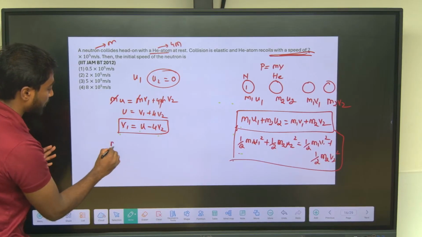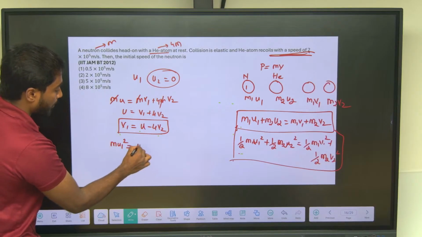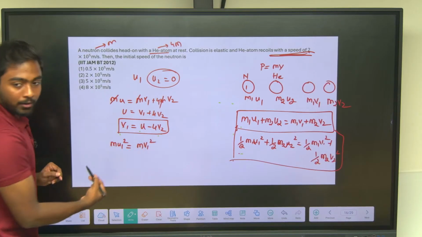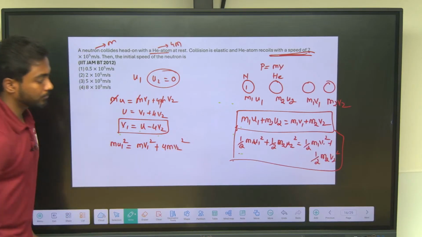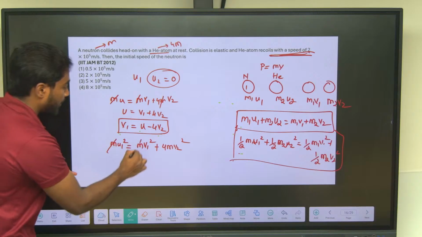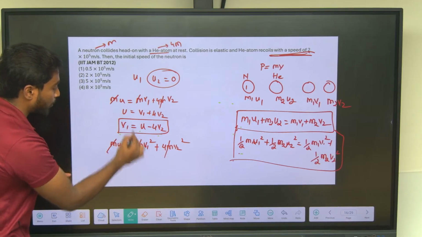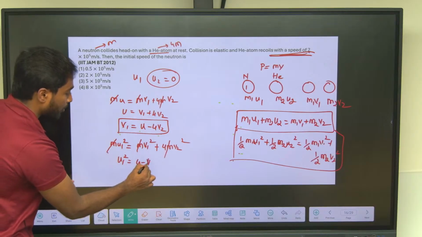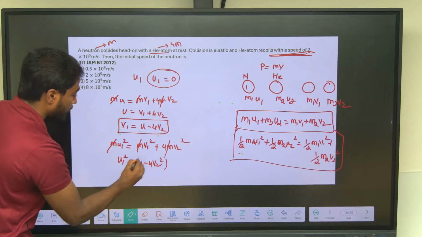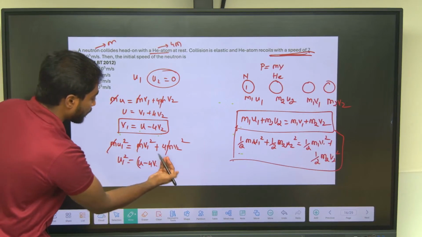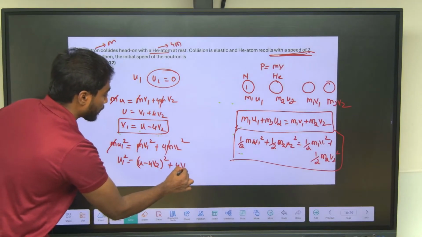For the energy: m u1 square will be equal to m v1 square plus 4m v2 square. m will get cancelled again. u1 square will be equal to, what is v1? u minus 4v2, the whole square, plus 4v2 square.